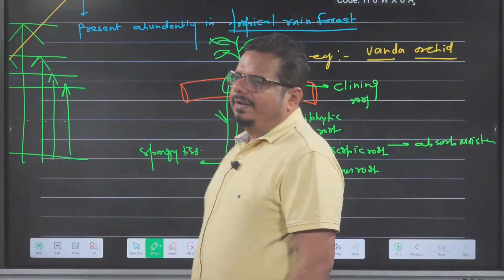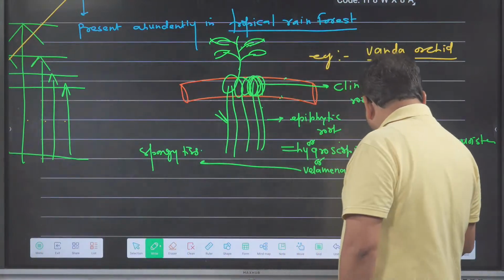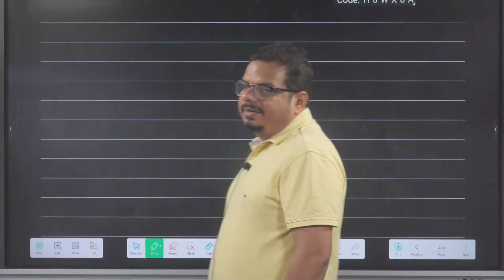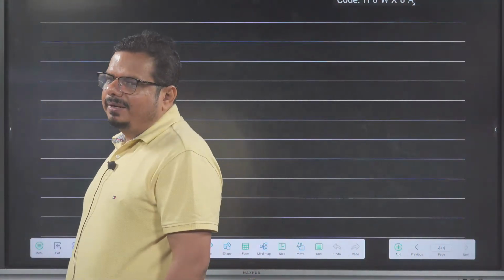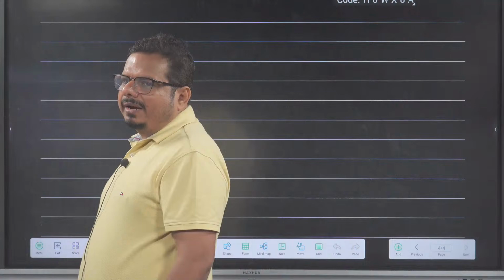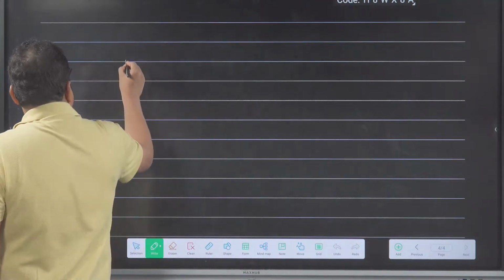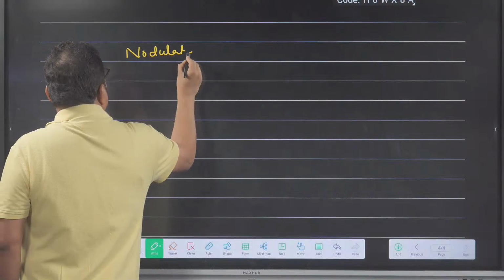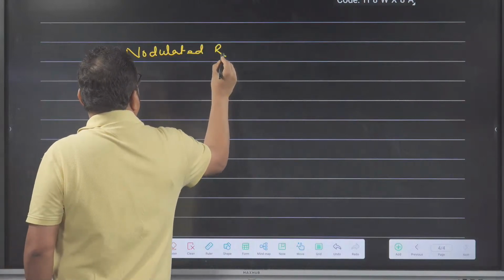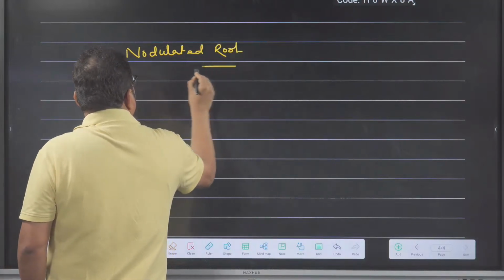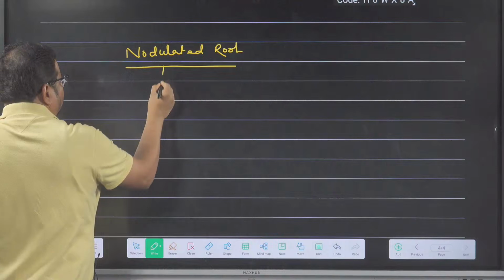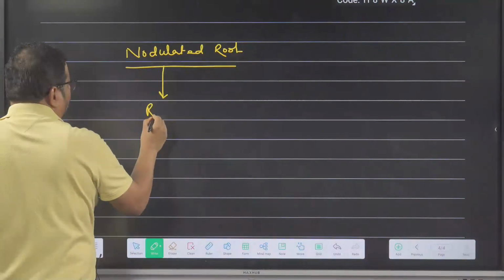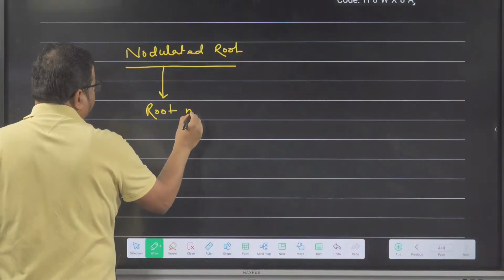Now we are moving ahead to one more modification which is not given in NCERT theory, but it is given in the lab manual, the practical book of the NCERT. And that is which one? Nodulated root. In nodulated root, root nodules are present.